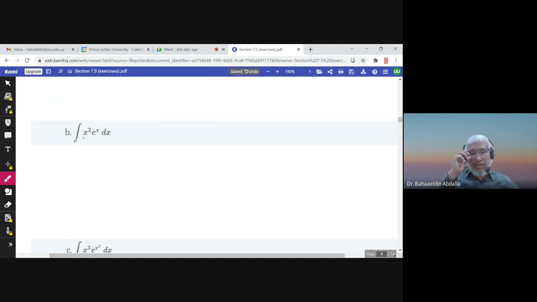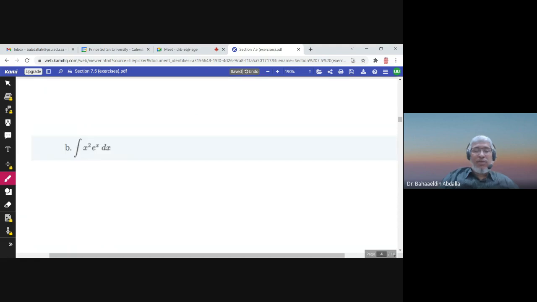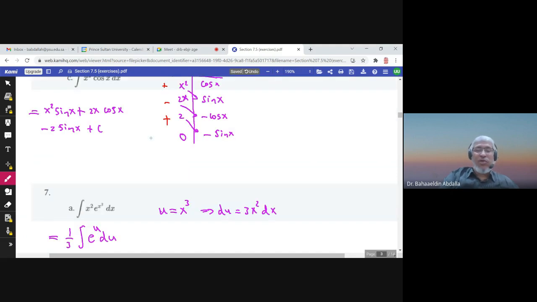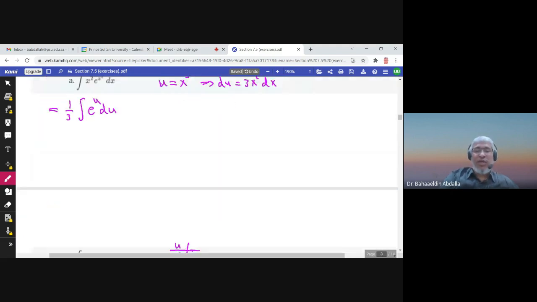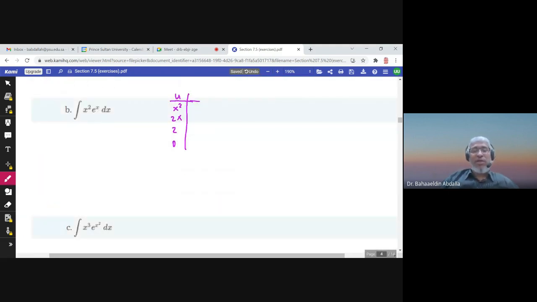While here I have x squared times e to the power x, so I use integration by parts, where u is x squared. You can do it like the one I did just 1 minute ago, x squared times cosine. Very similarly, exactly, you find the integral of x squared e to the x.